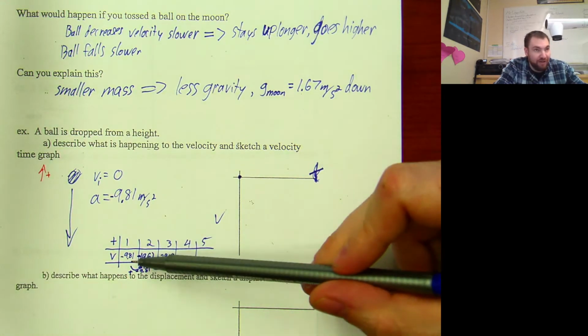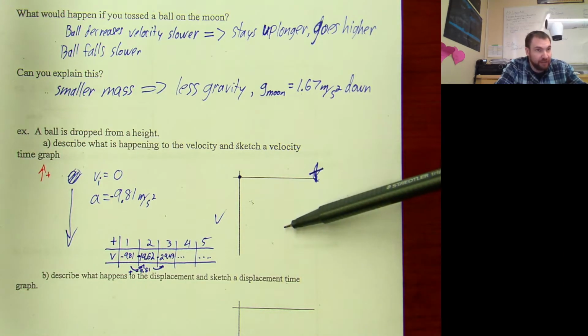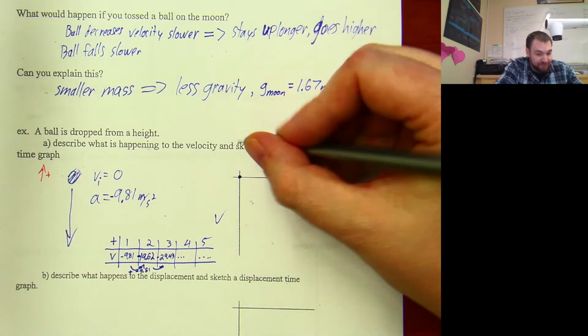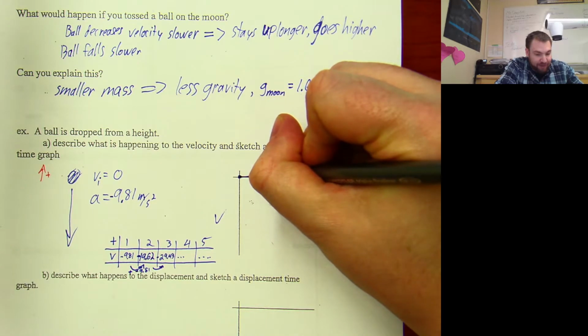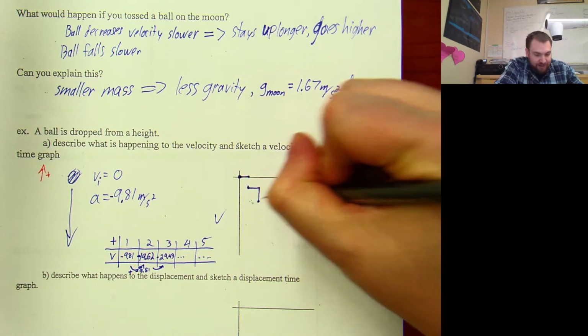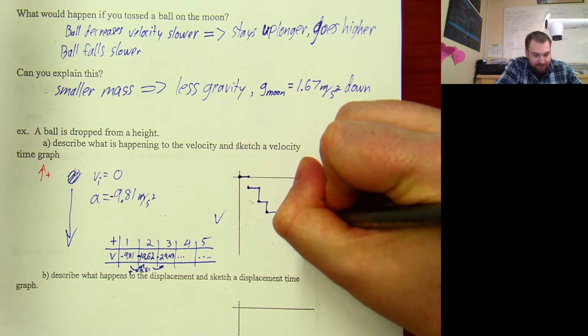So when I'm adding the same value, what's the shape of my graph going to look like? After 1 second, I went down negative 9.8. After another second, I go down negative 9.8.